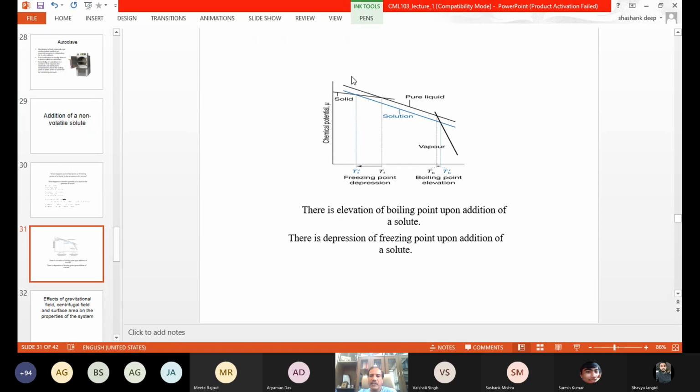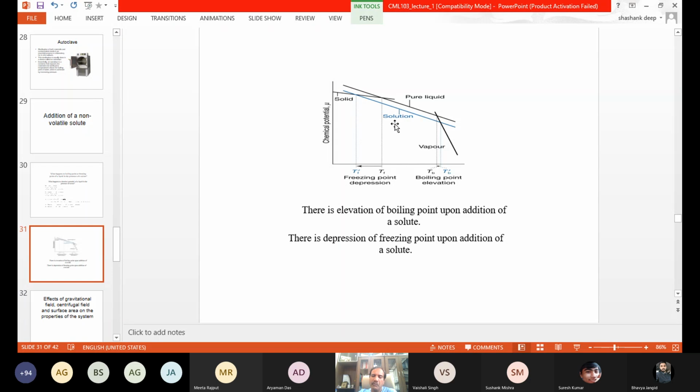But now this diagram you already know. This is the free energy versus temperature curve. This is for solid, this is for liquid, and this is for the gaseous system. Right. So this is your freezing temperature. This is the boiling temperature. Now what happens when you add a non-volatile solute? It doesn't affect the solid phase. It doesn't affect the vapor phase. What it affects is the chemical potential of the liquid. So pure liquid is higher and solution is lower.